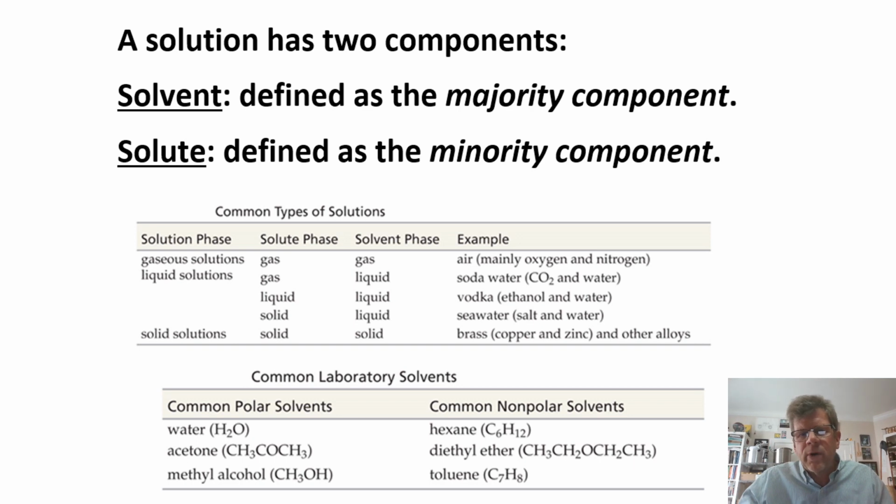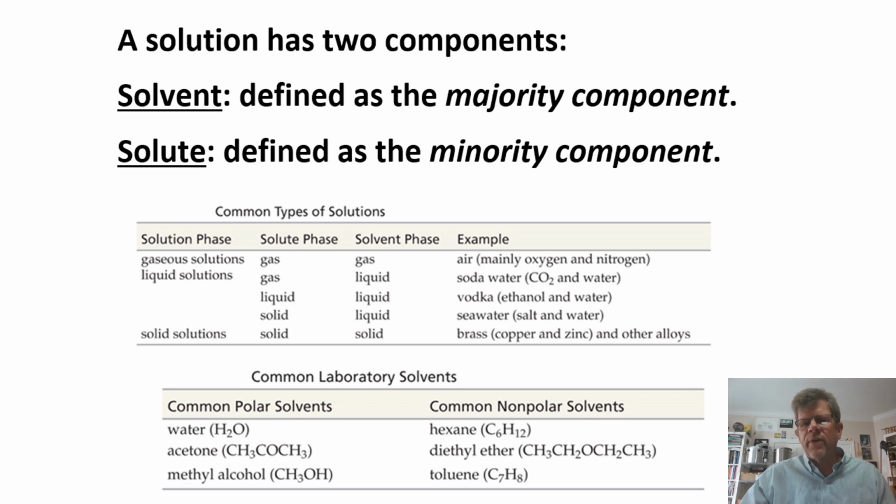We'll juxtapose this against some common nonpolar solvents, that of hexane, diethyl ether, toluene. These are examples of them. There are plenty more of them, but the idea of polar and nonpolar really speaks to what is the solute that they're going to be dissolving.